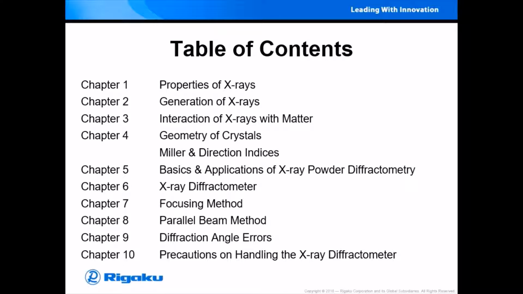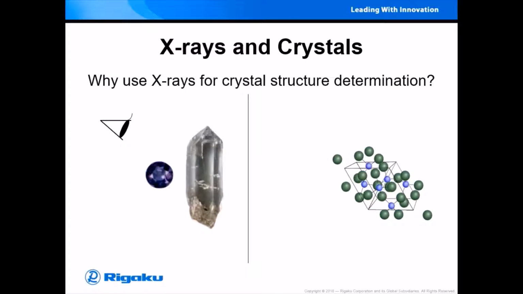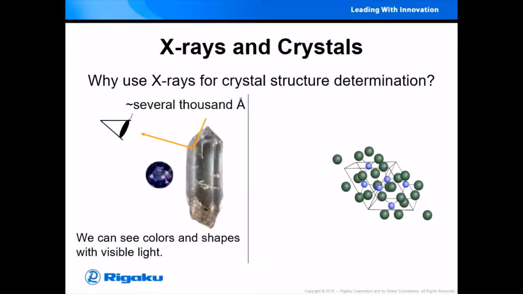Before starting the main topics, let me explain briefly why X-rays are used for the crystal structure analysis. We can see colors and shapes of an object by visible light in the region of several thousand angstroms with our eyes.